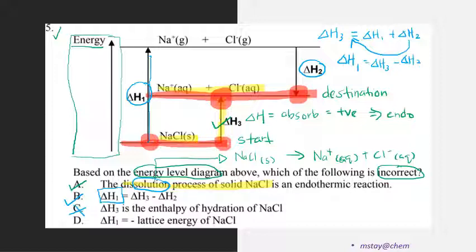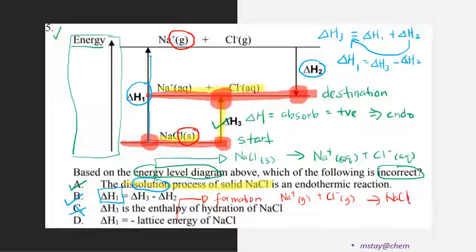Next, the last one, delta H1. We notice that here, a solid ionic compound produces gaseous ions. If it is the lattice energy, it normally refers to formation, which is from the gaseous ions forming the solid ionic compound.